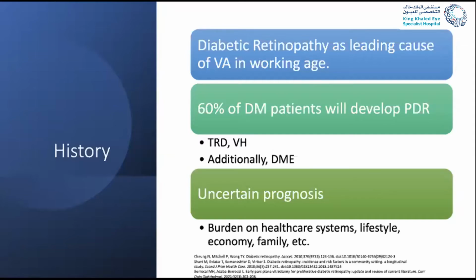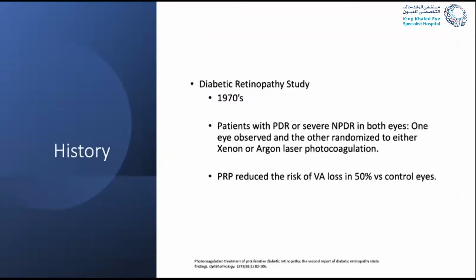Special attention must be placed on the burden that all these elements can have on healthcare systems, patients' lifestyle, their own economy, their family life, etc. So all these uncertainties resulted in an effort to determine what could be done to prevent this visual compromise.